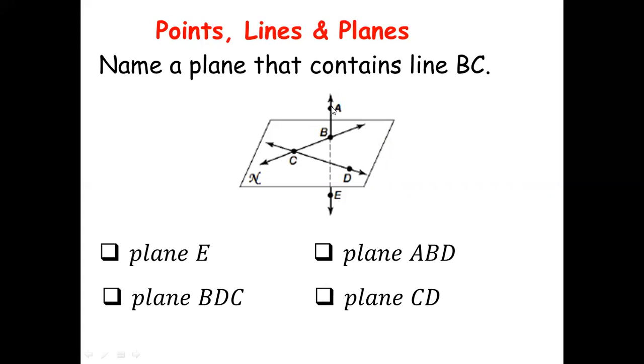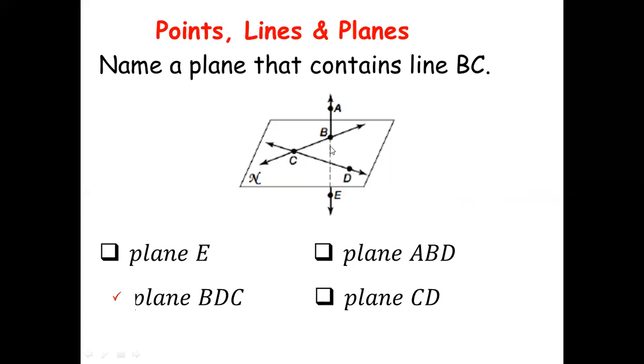So that's the wrong option. What about plane BDC? Yes, it can be, because all the 3 points are on the plane, and they three are non-collinear points. They three are not in a straight line. So the correct option is plane BDC.